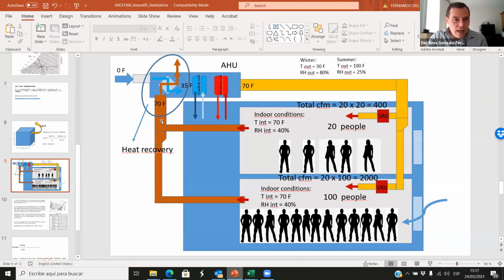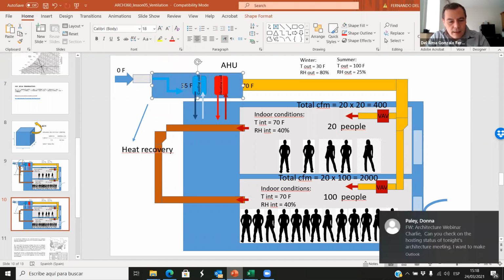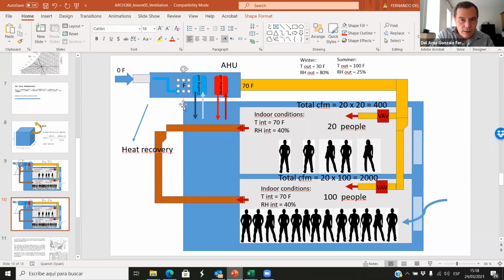Okay, if we didn't have this heat recovery, the temperature inside the air handling unit would be 0.